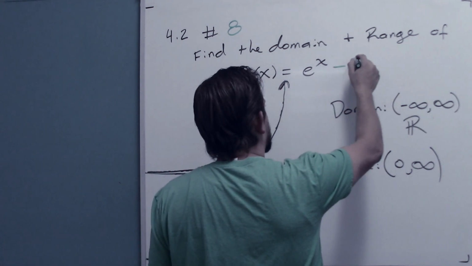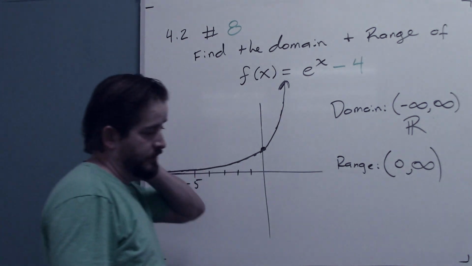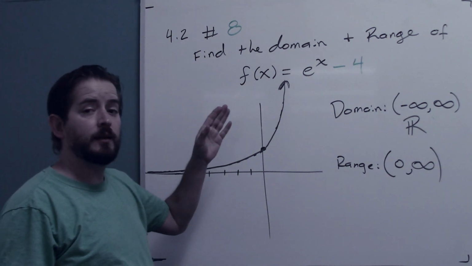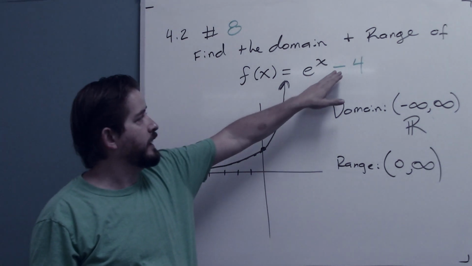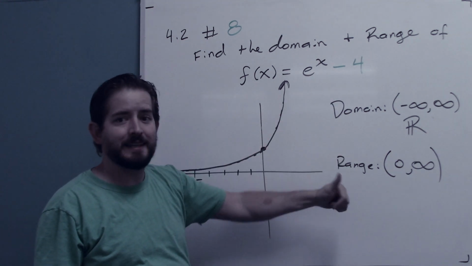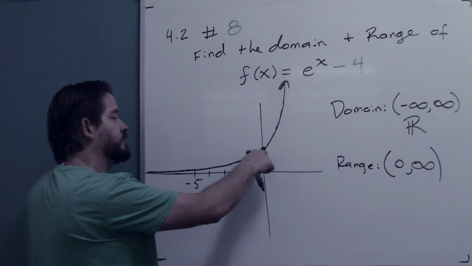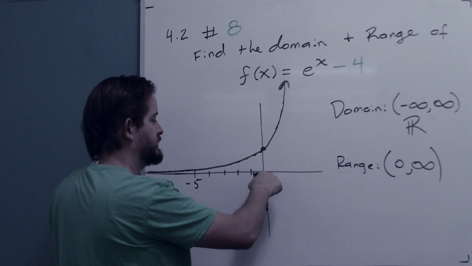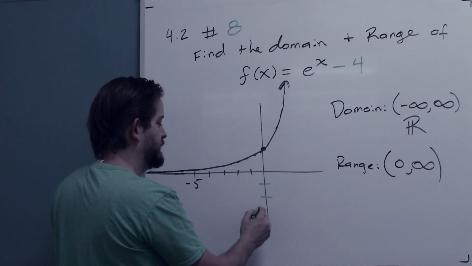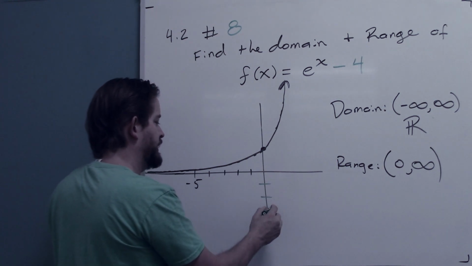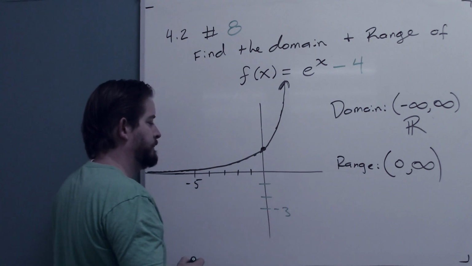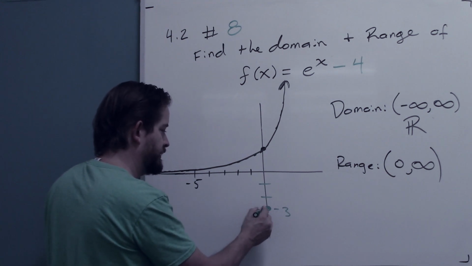It's down here in line with the e, right? So that doesn't shift left or right anymore, that shifts up and down. In fact, because it's negative, it's going to shift everything down by 4. So this point here that's at 1 goes down to 0, to negative 1 to negative 3, right? So I have this point here.